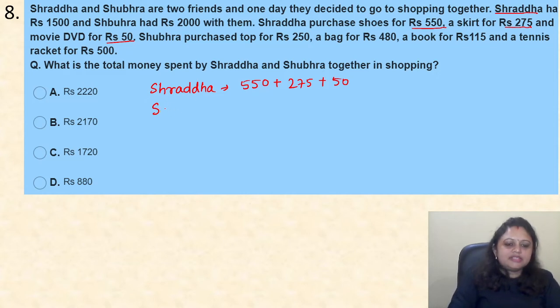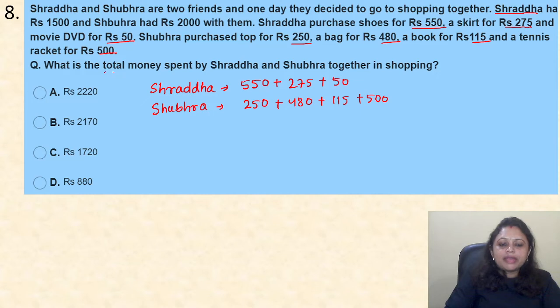And for Subhra, top 250, bag 480, book 115, tennis racket 500. So it is 250 plus 480 plus 115 plus 500.